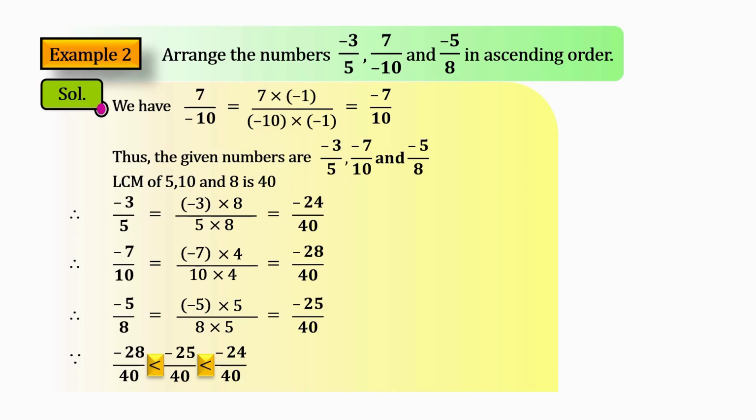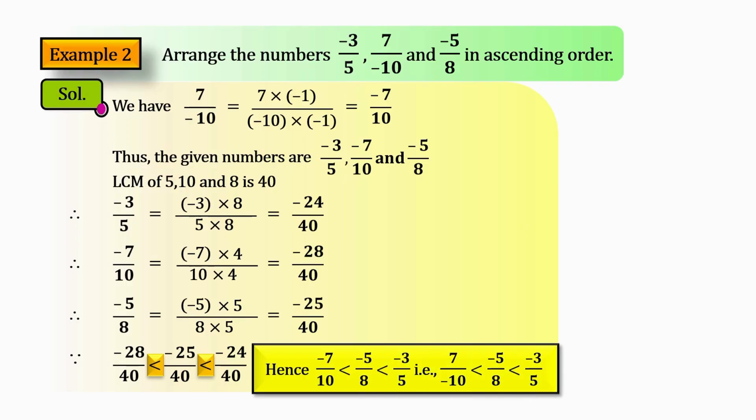In this case, minus 28 is smaller than minus 25 and minus 25 is smaller than minus 24. So hence, since we need to arrange the numbers that are given in the question, we have to write the corresponding rational numbers given in the question.